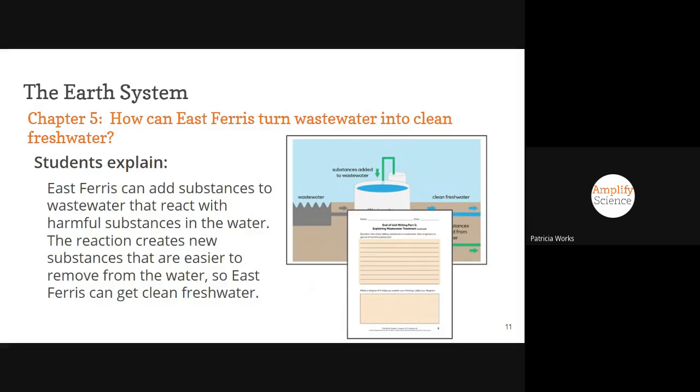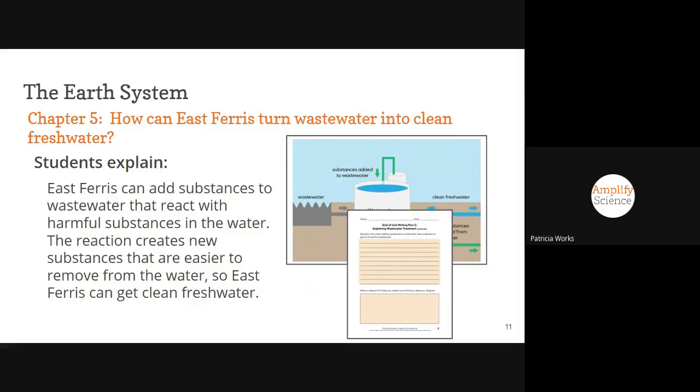In Chapter 5, students apply earlier understandings to help answer the question, how can East Ferris turn wastewater into clean fresh water? They use ideas about chemical reactions forming new substances and matter being conserved in chemical reactions as they work in the role of water resource engineers.